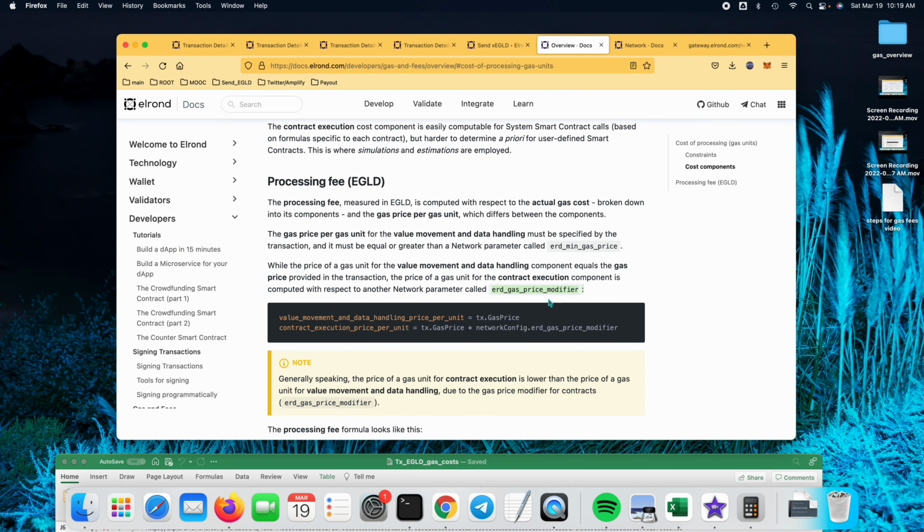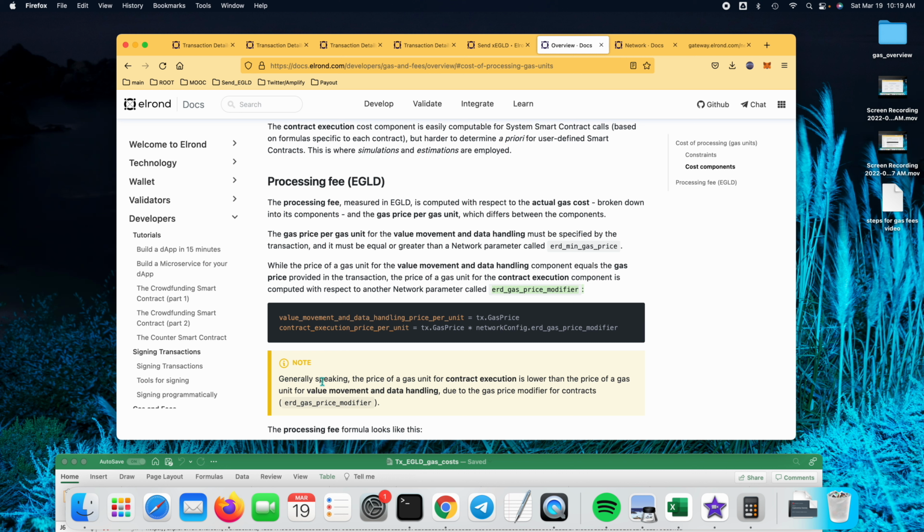Okay, the next thing we need to look at is the ERD gas price modifier. This is difficult to apply. Things are going on behind the scenes that we can't necessarily track on its face.